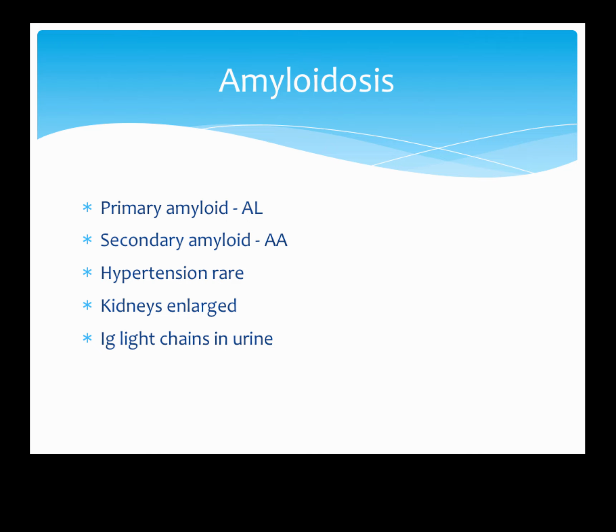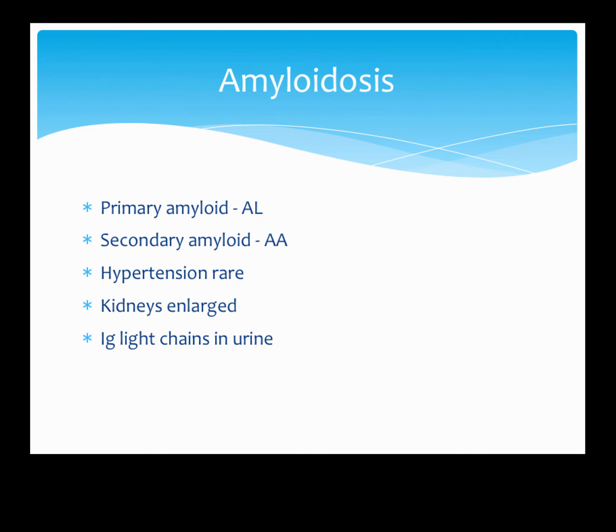And the abnormal light chains form an abnormal type of protein that cannot be broken down and deposits as amyloid. Occasionally, patients with severe infections or underlying chronic diseases will have what's called secondary amyloid due to the production of AA amyloid by the liver.